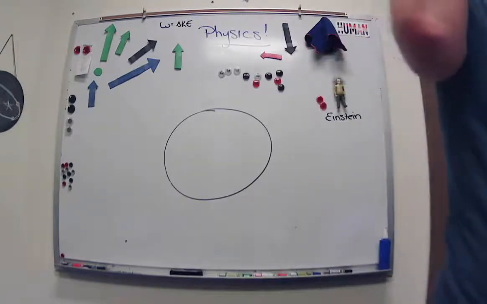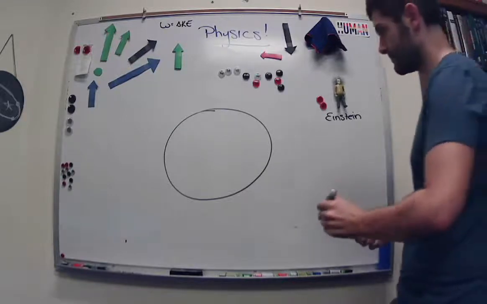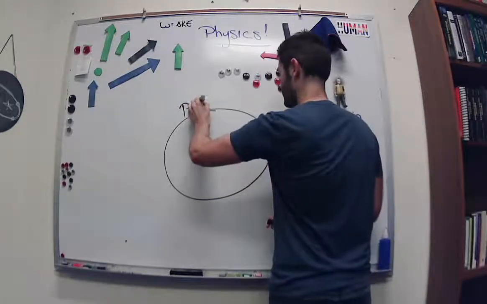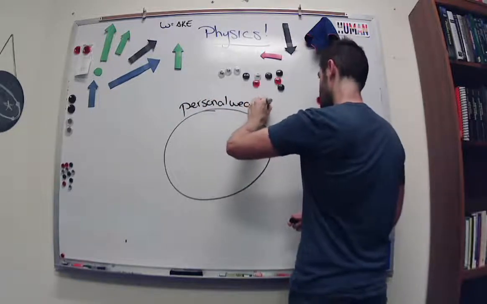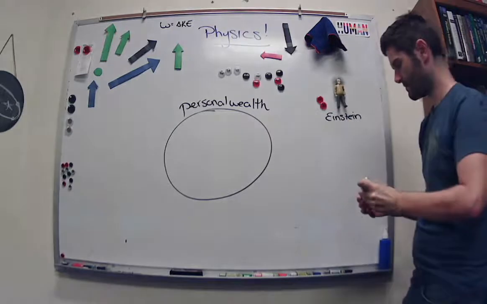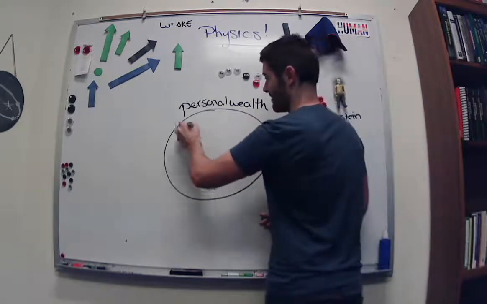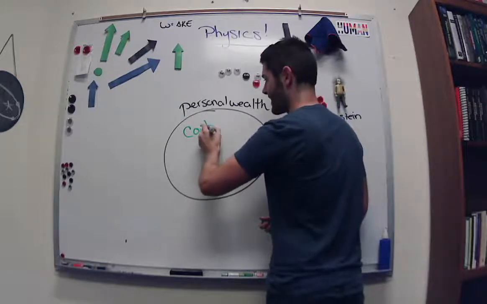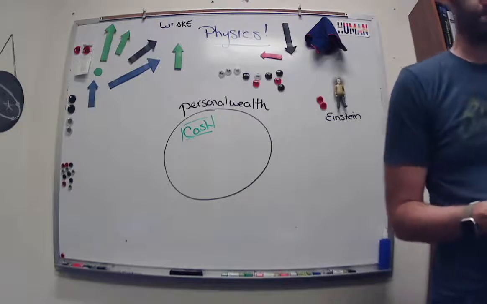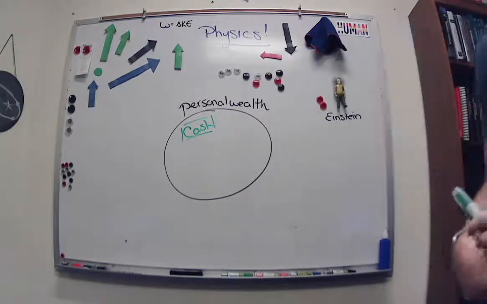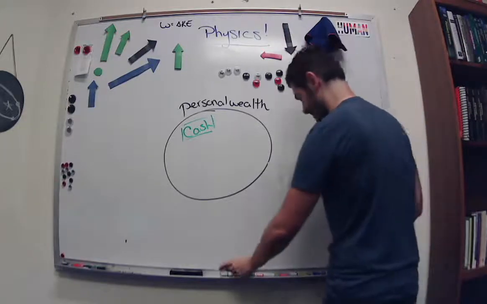We could consider your own personal wealth. There might be some part of your wealth that is cash, you know, money in your pocket. But your wealth might also exist in other forms as well, right?